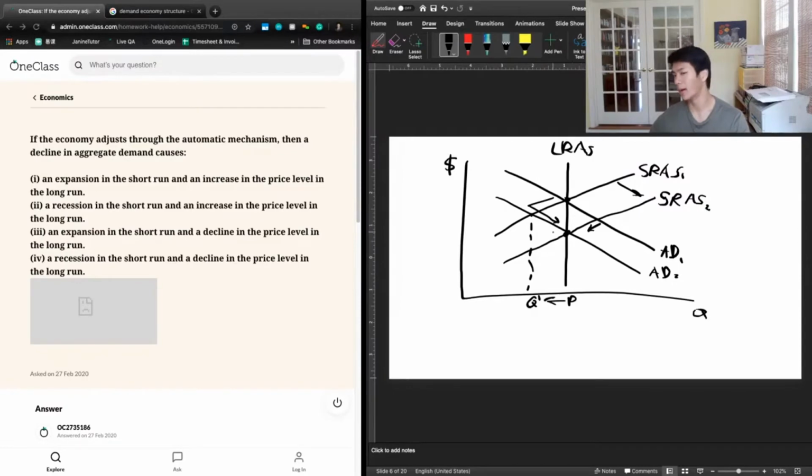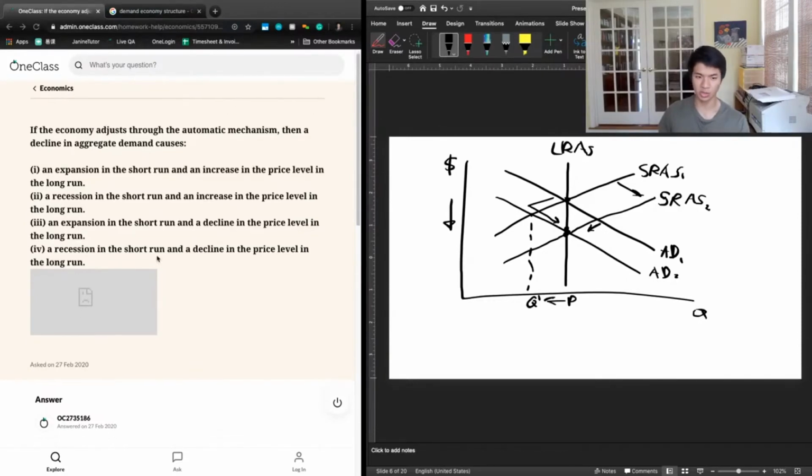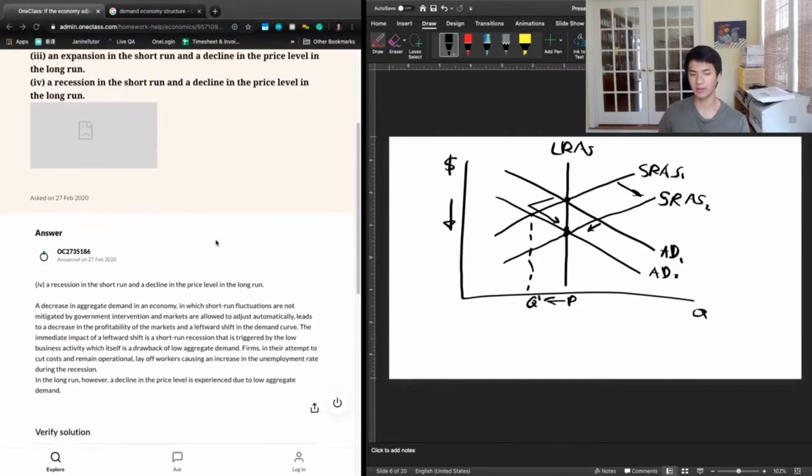But the new output level has a lower price compared to the original output level before the decline in aggregate demand. And so we'll see a recession in the short run and a decline in price level in the long run. That matches best with answer choice 4. If the economy adjusts to the automatic mechanism, then a decline in aggregate demand causes a recession in the short run and a decline in the price level in the long run.